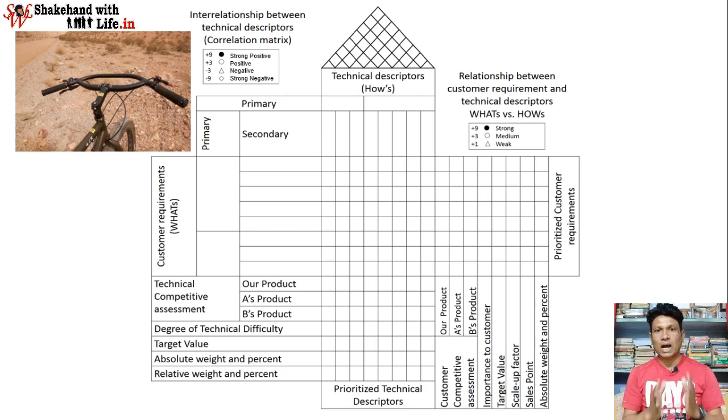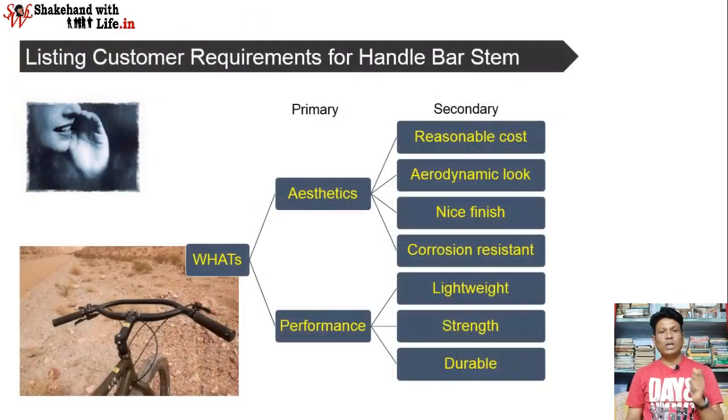So we start with listing the customer requirements, that are also known as WHATs. To list the customer requirements, we use a tree diagram. Starting with the WHATs, we have handlebar stem as a product, and what are the requirements of the customer at primary level?